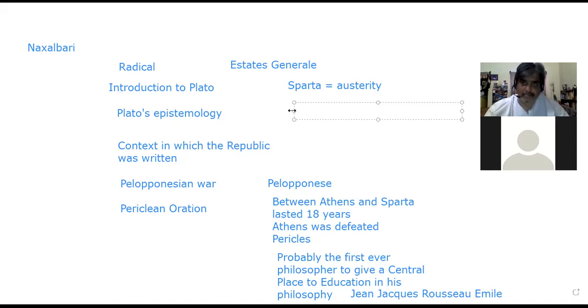And there was a viewing gallery in the Estates Générales where the members of, in those days it was just a print medium that was available, the print medium sat there and they were pointed out and said, these are the fourth estate. Okay, that's how the fourth estate came.